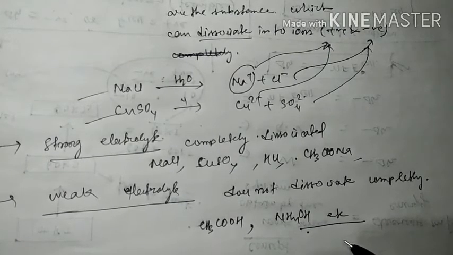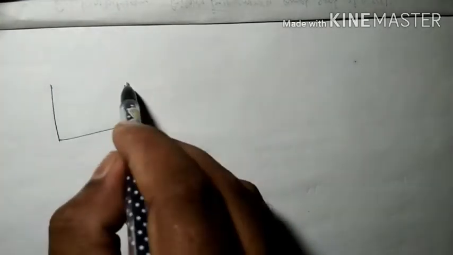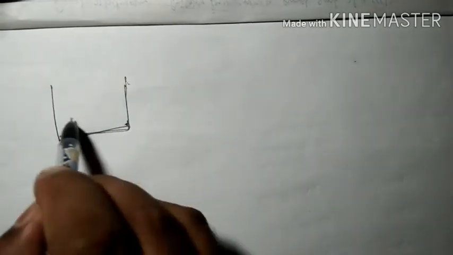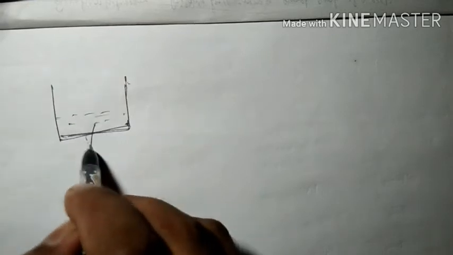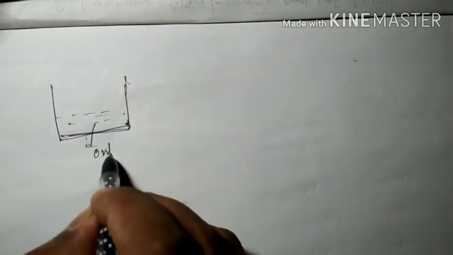Now see, let us take an example here. Suppose here is a beaker, a simple beaker with only water, only H2O, you can say distilled water.